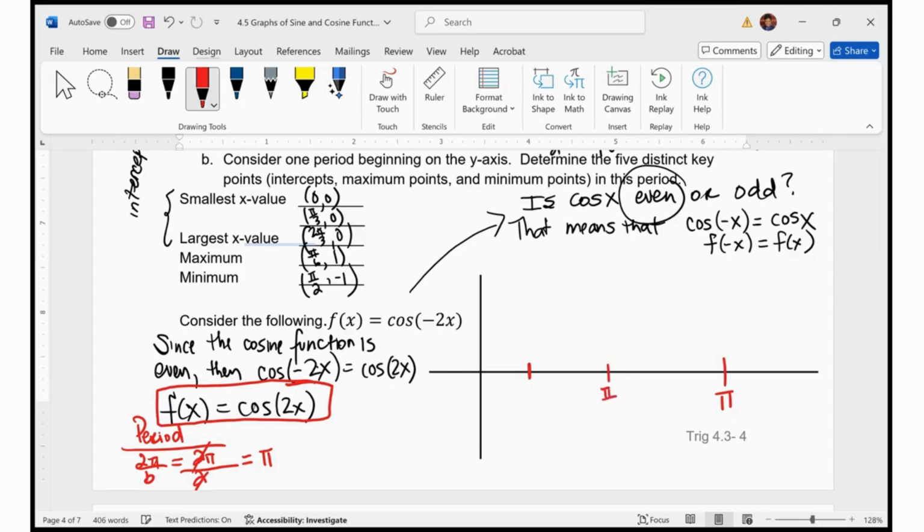What would be between pi over 2 and pi? 3 pi over 4.